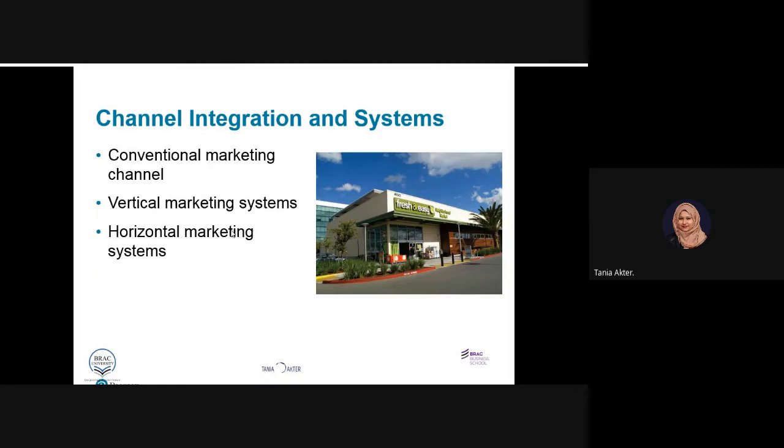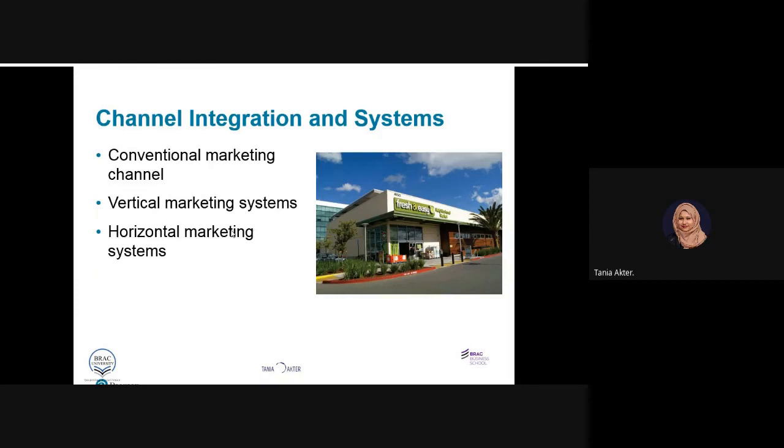The stewards accomplish channel coordination without issuing commands or directives by persuading channel partners to act in the best interest of all. So in conventional marketing system, wholesaler, retailer, or the producer was performing as a separate business. But in vertical marketing system, they're performing as one unified system.